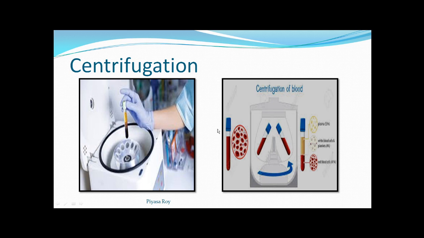The same thing we can use: the churner is a very common thing which we generally use at our home to separate cream from milk. So with the churner, again, we are using this centrifugation technique only.